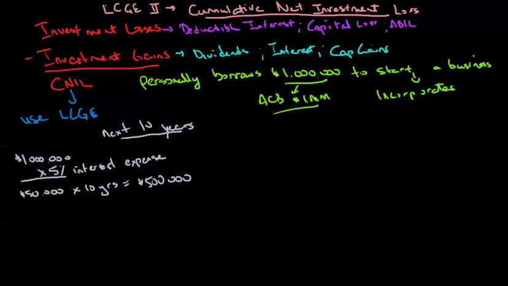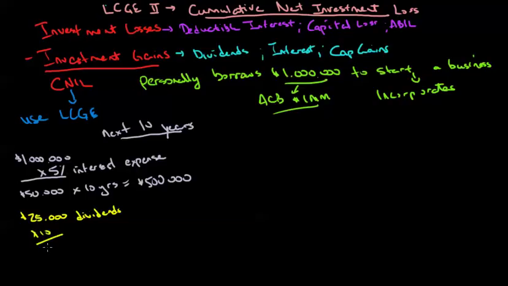And then, over that same 10 years, they're able to pay themselves a little bit of dividend, but not as much dividend as they were taking in interest expenses. So let's say that they were paying, for each of those 10 years, $25,000 of dividends.